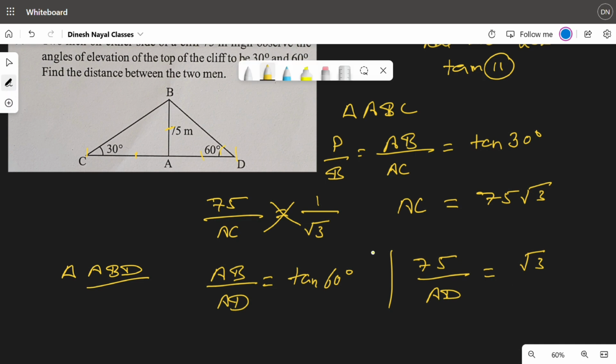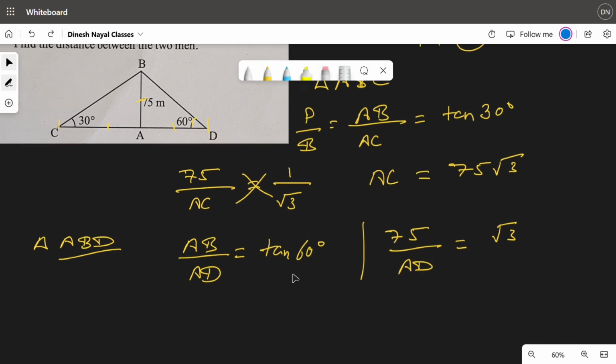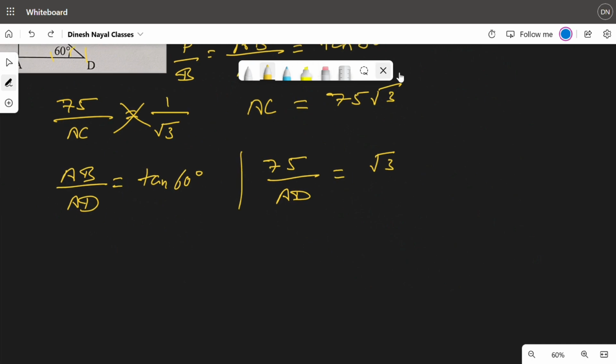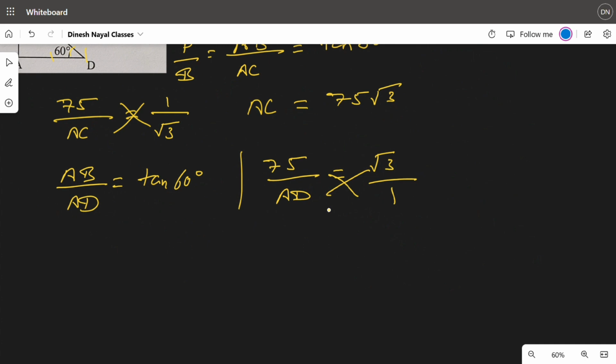Now let's solve for this. This is root 3. You can write it here 1 and you cross multiply. So this will be AD times root 3 equals 75. Again cross multiplying, AD will be 75 by root 3.